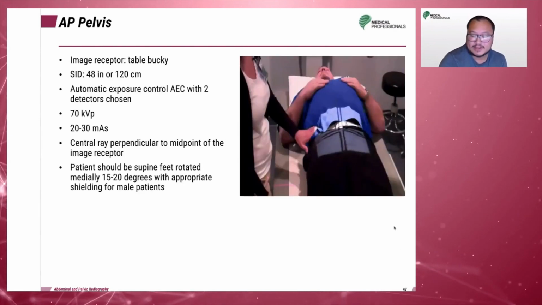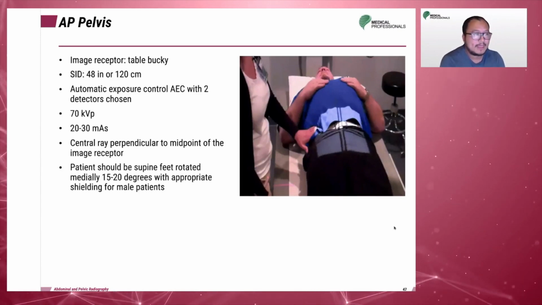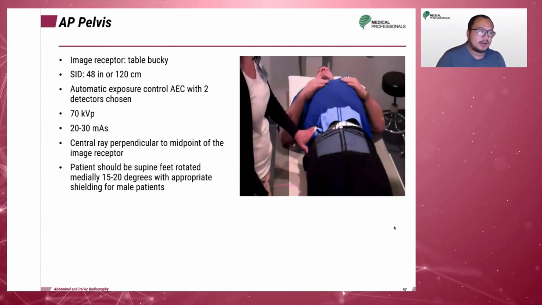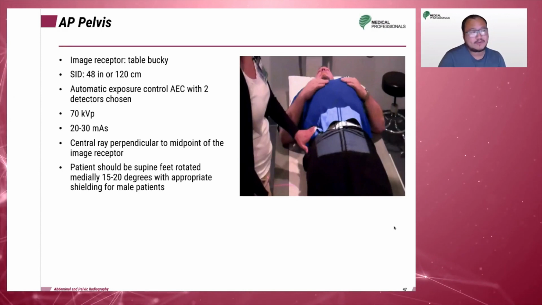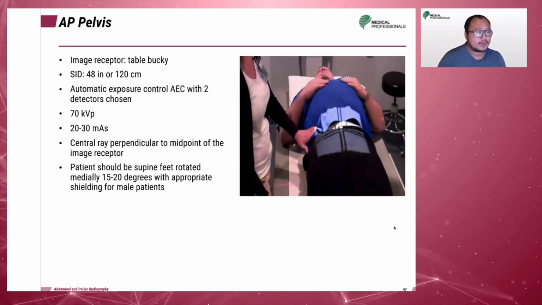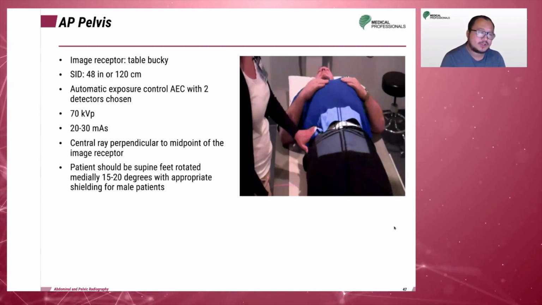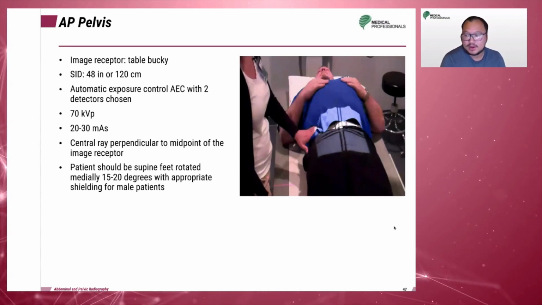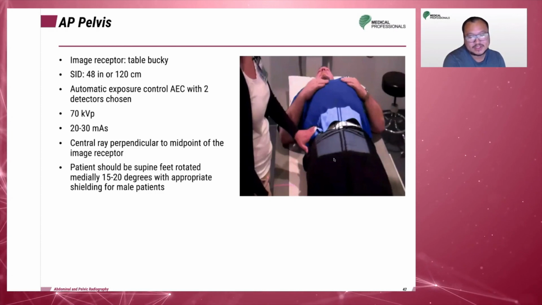The AP pelvis. So the AP pelvis is something that we can also do. 48-inch SID, table, automatic exposure control selected, 70 kV, 20 to 30 mAs. The central ray is perpendicular to the midpoint of the image receptor, midway between the level of the ASIS and the symphysis pubis.